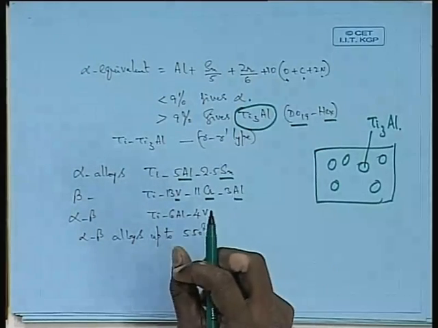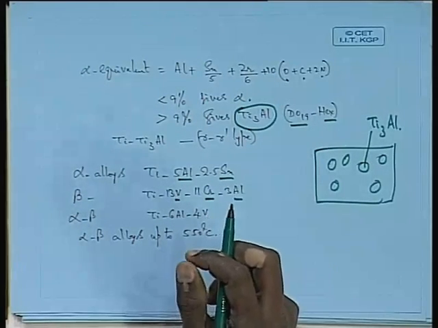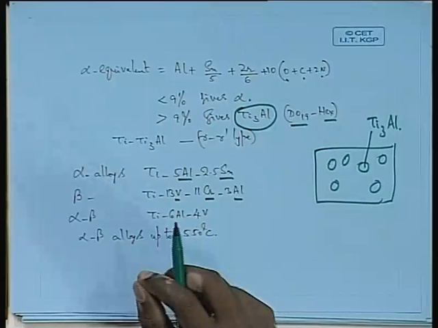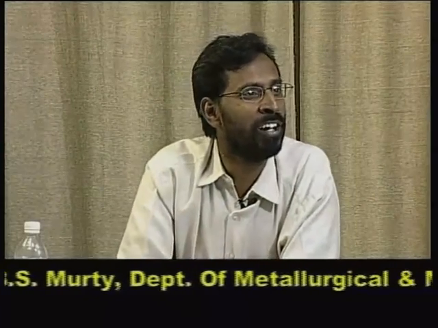Why do we add this? Because most of the beta stabilizers, interestingly if you look at it, they all have high densities. So because of which beta alloys are heavier alloys when compared to alpha alloys.